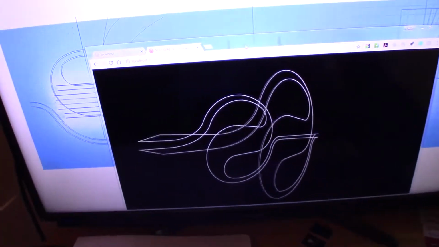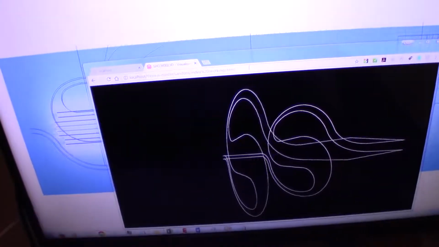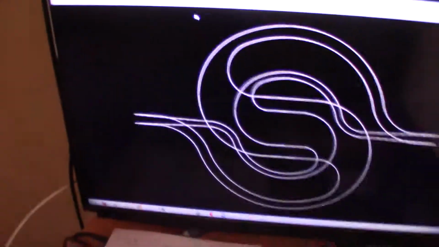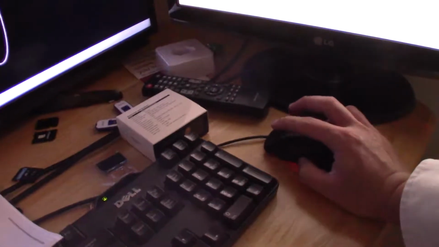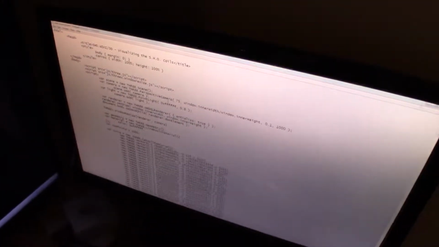Oh dear. Okay, let's put this back. All right, and this is the code for it. Not an octopus, so there we go. Heptapod or whatever.